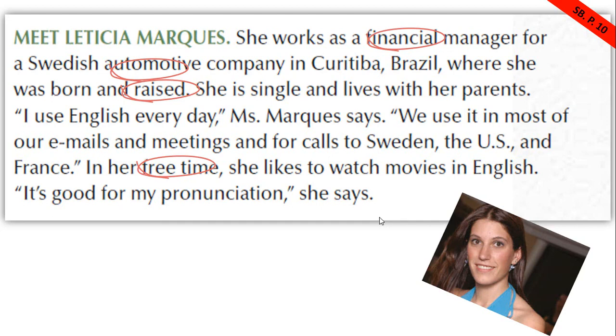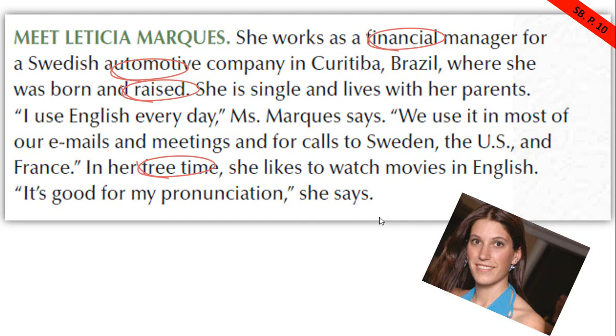I use English every day. Ms. Marcus says we use it in most of our emails and meetings, and for calls to Sweden, the US and France.